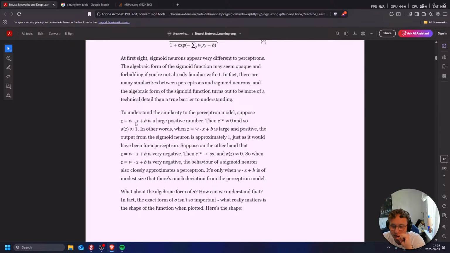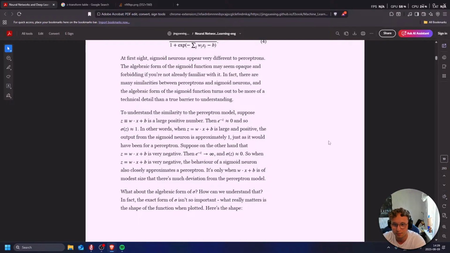To understand the similarity to the perceptron model, suppose that z, equal to the weights dot the inputs plus the bias, is a large positive number. Then e to the power of minus z is almost equal to 0, which makes sense because if you have 1 divided by e to a very large value, say the value goes to infinity, then you have 1 divided by something very large, which is super small and goes down to almost 0.